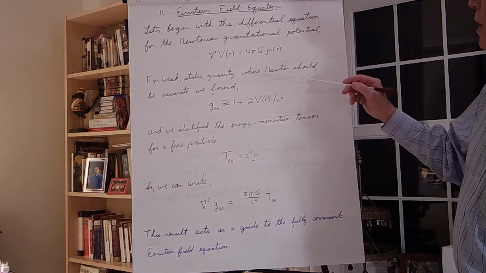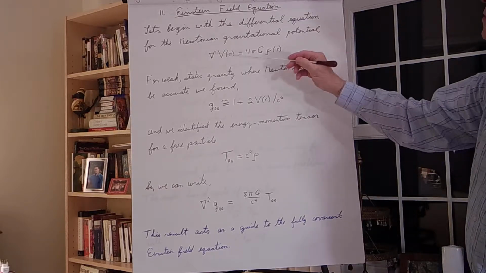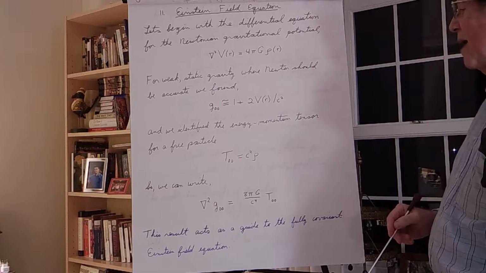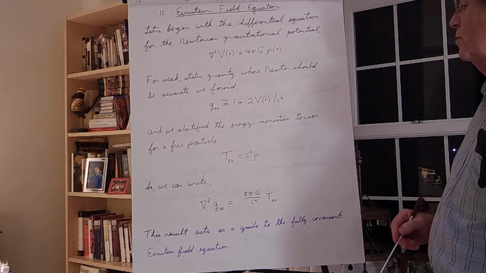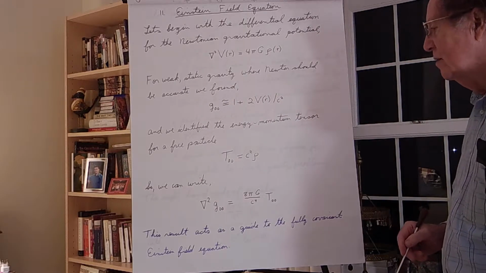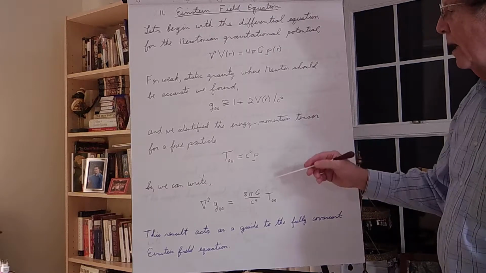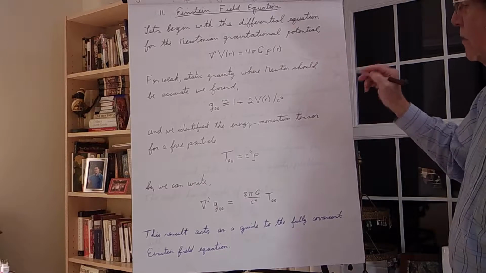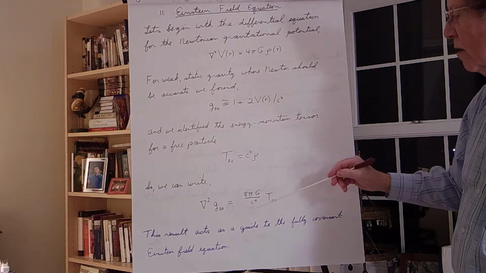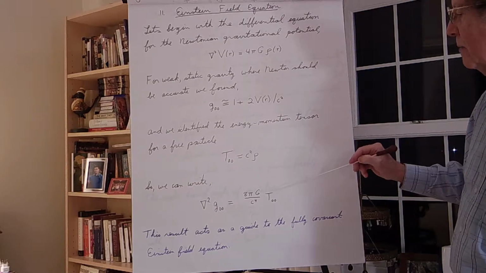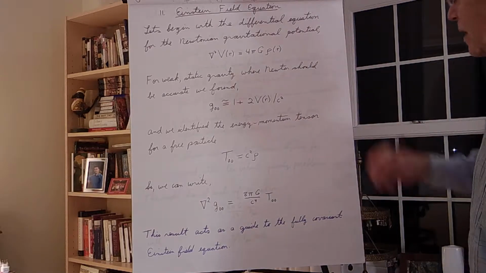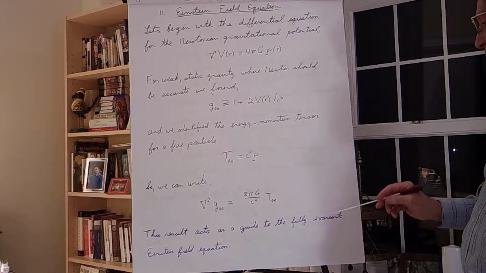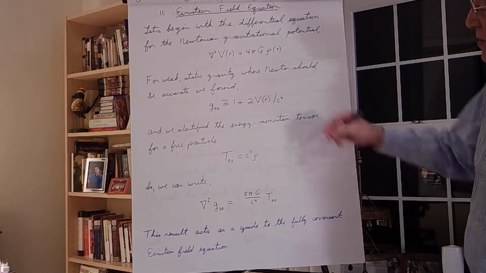And so I can rewrite Newton's law in a way that makes a suggestion as to how to generalize this equation to relativistic dynamics. Just with these definitions, Poisson's equation becomes del squared G00 is equal to a constant times T00, just by plugging in. So this result acts as a guide to the fully covariant Einstein field equations.